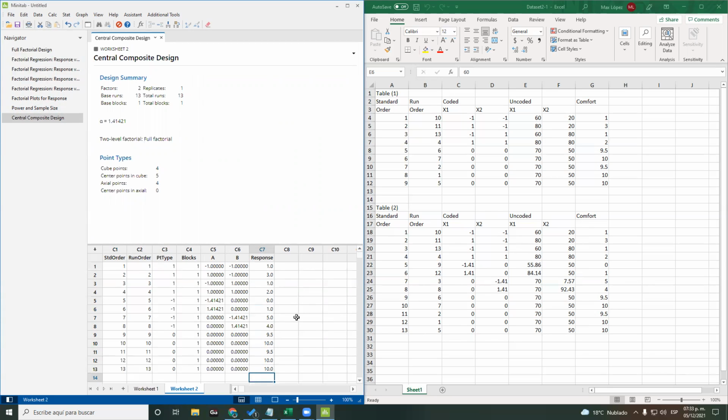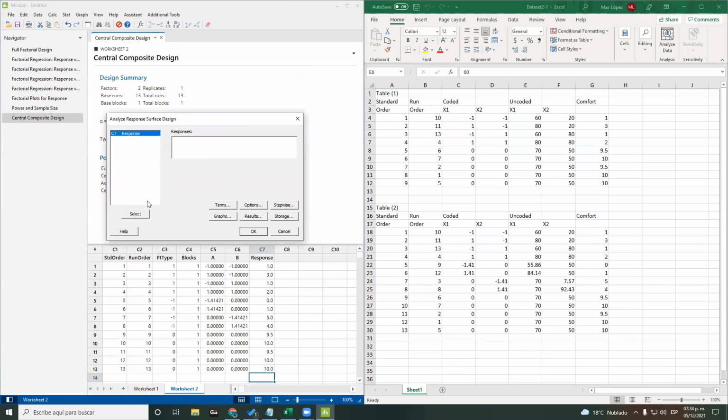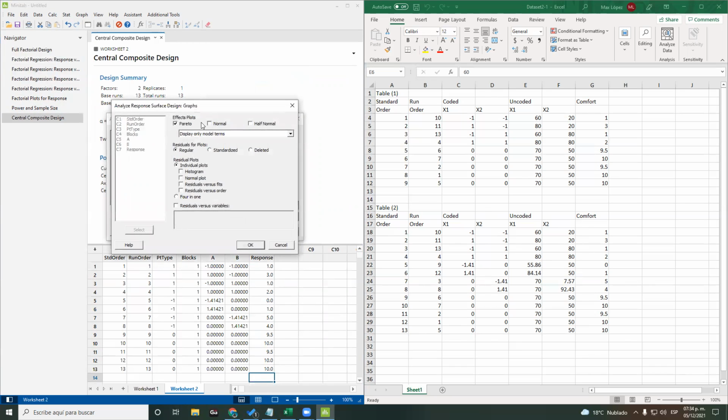Okay. So we're good to go and analyze this response surface design. For graphs, we will have the normal and half normal.